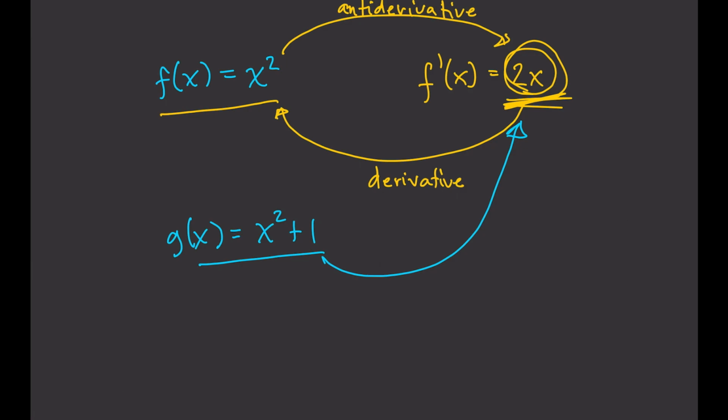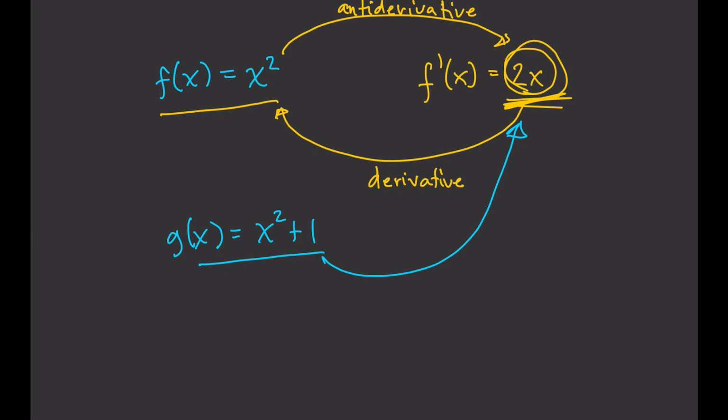You can have, say, x squared plus pi. Pi is a constant, so if you find the derivative of x squared plus pi, you'll get 2x. So in reality, there are infinitely many antiderivatives for a function.